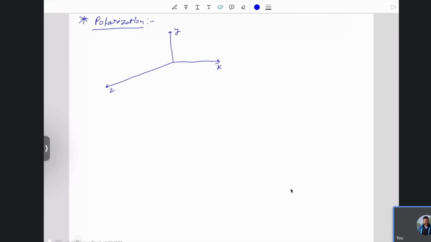If we have a single wave, it can be represented like, suppose y is equal to some magnitude times sine of kx minus omega t. So this is an equation of a traveling wave, and it can be represented like this.